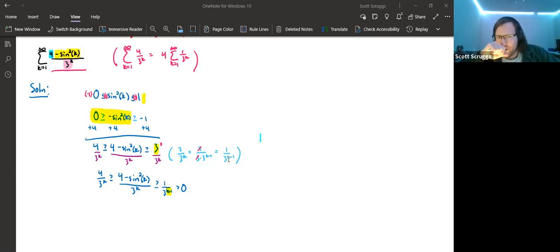Any other questions? Okay. So here's the other reason why I wanted to keep the 4. Because in the work, to force that inequality back, I needed the 4 in there.